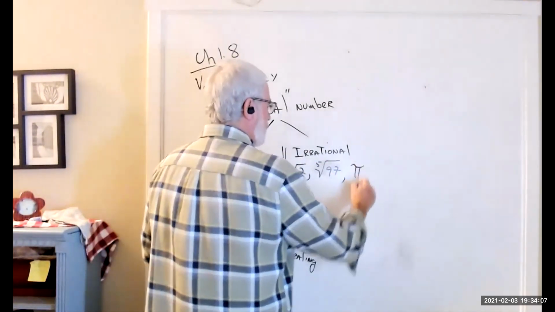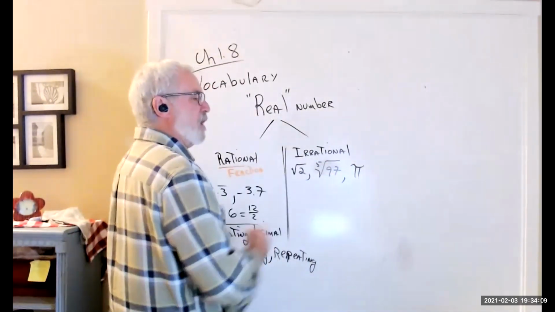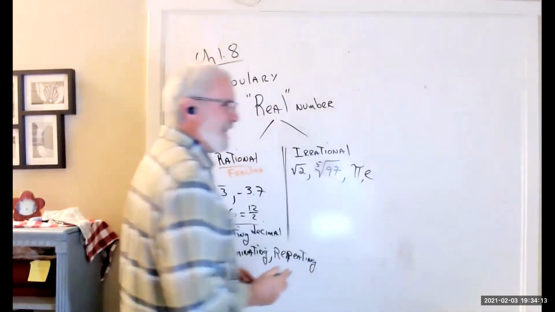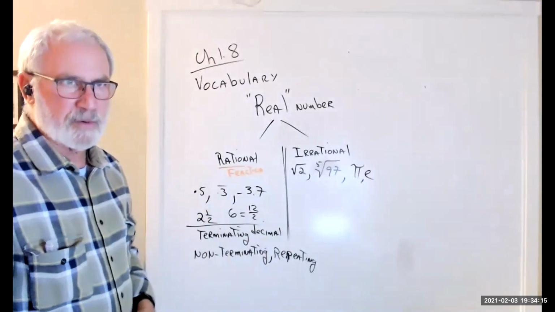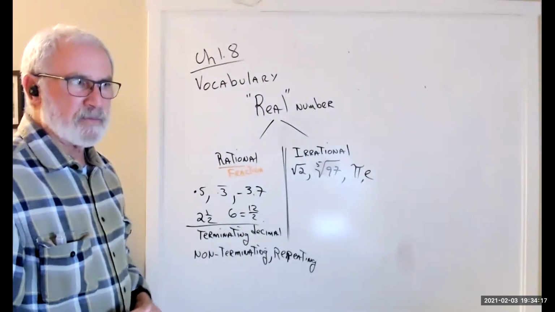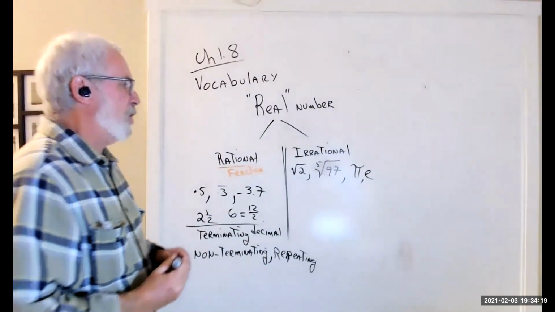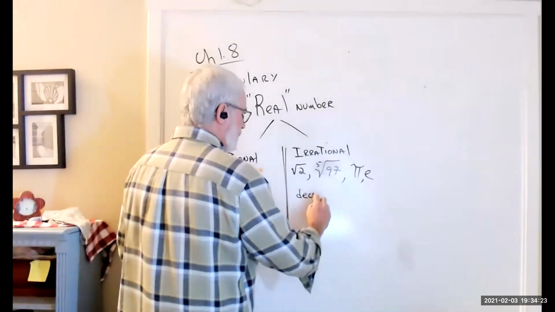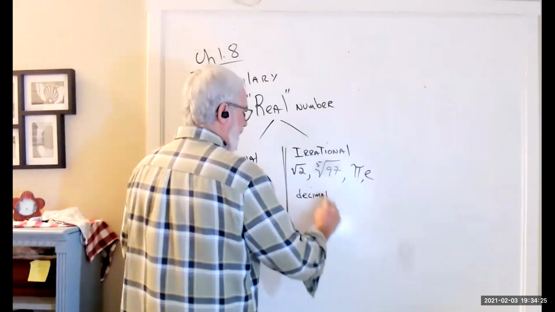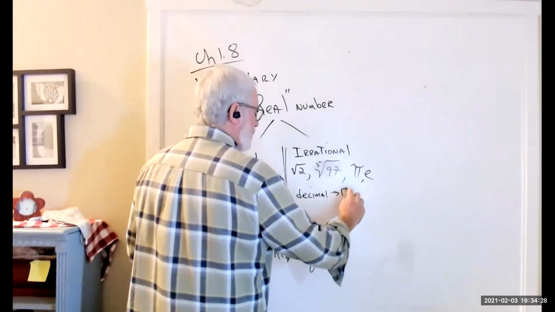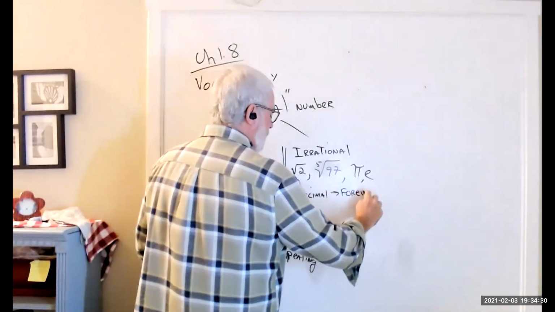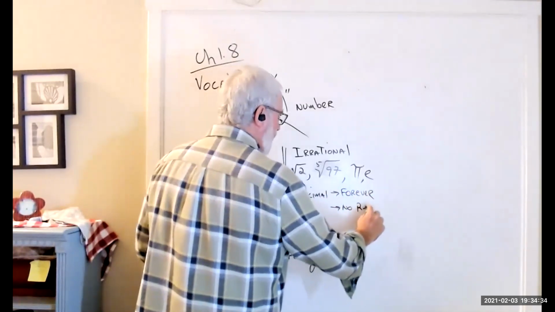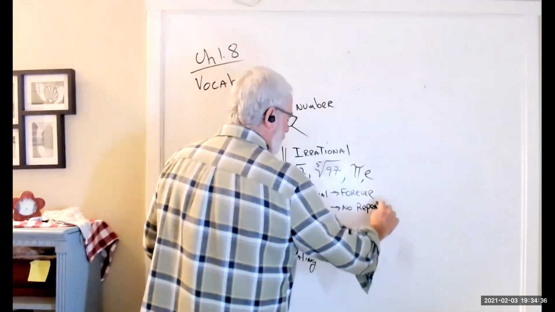Pi is called an irrational number. Some of you from science know a number called e, Euler's number. These are all irrational because the decimal goes on forever and there is no repeating pattern.